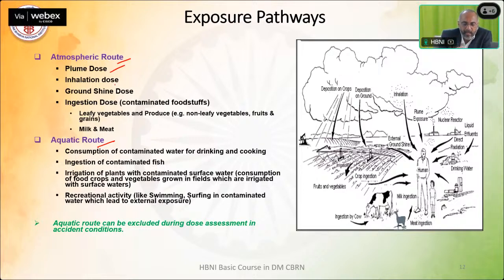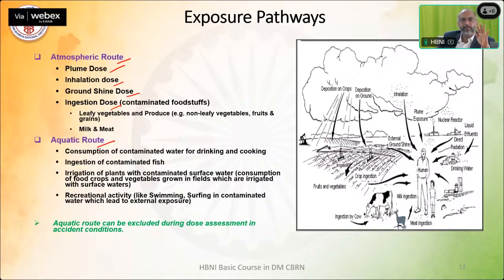In the inhalation dose, if you inhale a certain amount of radionuclides, an individual will receive a dose. Then there are the ground shine dose and the ingestion dose. Ground shine is basically because of the deposits on the ground, and how much dose you are getting from the deposits lying on the ground.